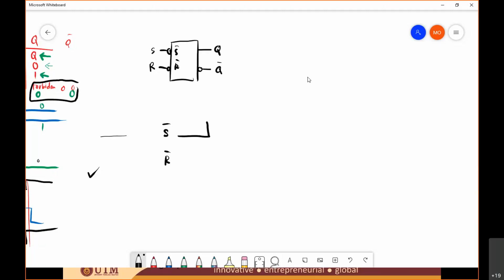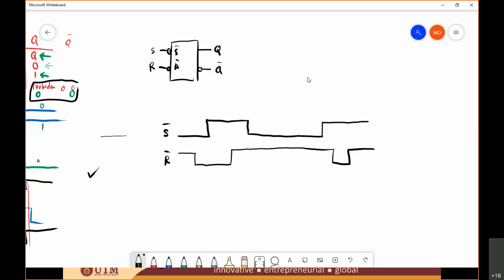So this is the input. Okay, so you need to find out what is your Q. Lukiskan kamu punya Q and Q bar based on this input timing diagram.